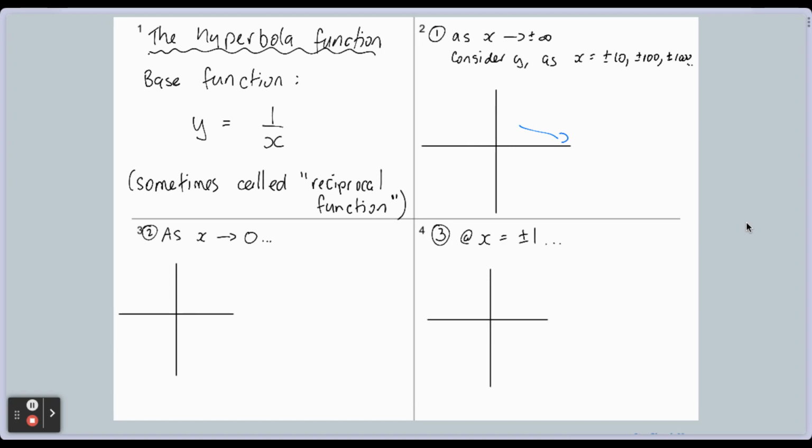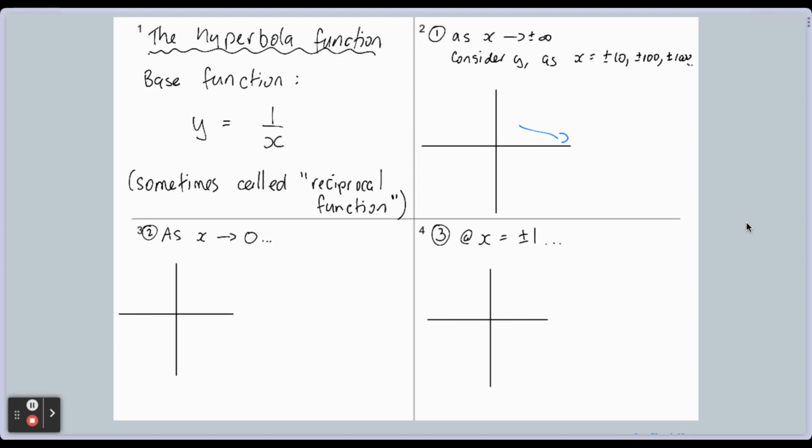1 on -10 is going to be -1/10. 1 on -100 is going to be -0.01. 1 on -1 billion is going to be quite small. 1 on -9.9 times 10 to the power of 99 is going to be even smaller, but it's still not 0.